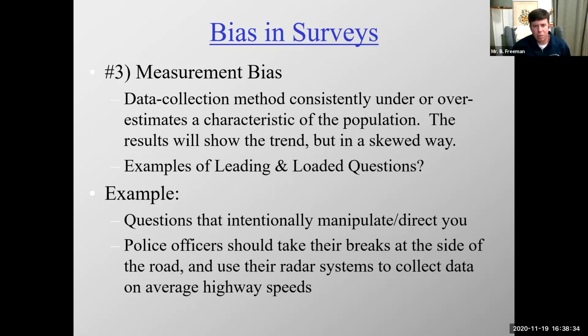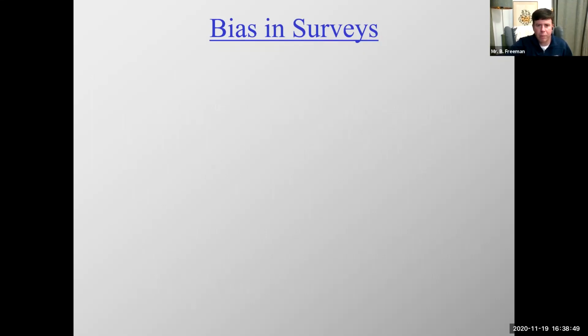Often in measurement bias too, it's just making the question simpler. So not including information about the person or about the question, but just asking the most specific, concise question that you can so that you're not pushing it in one direction or the other.